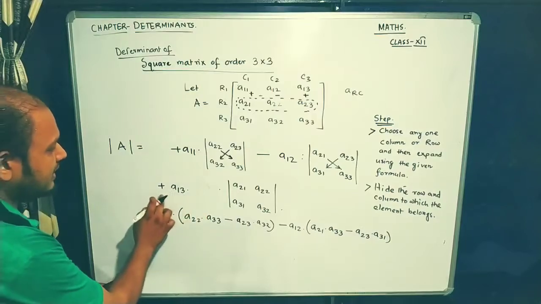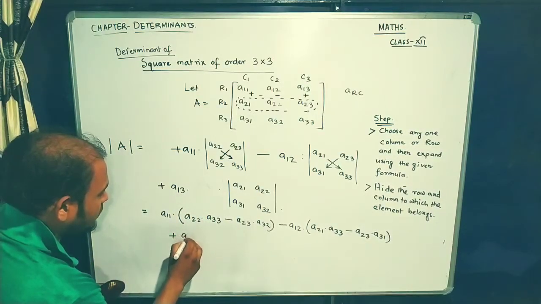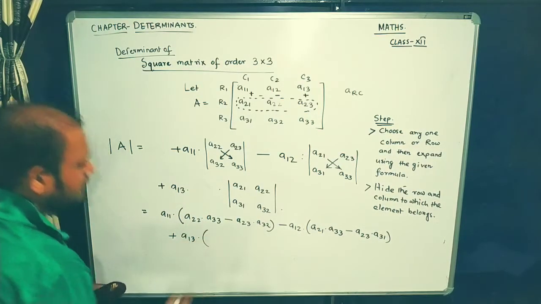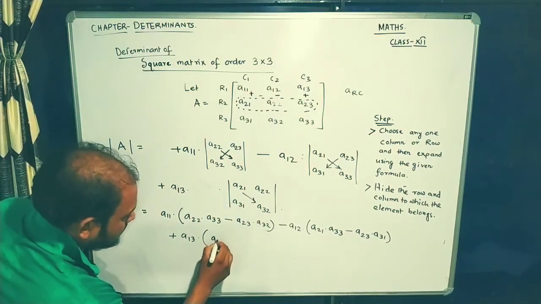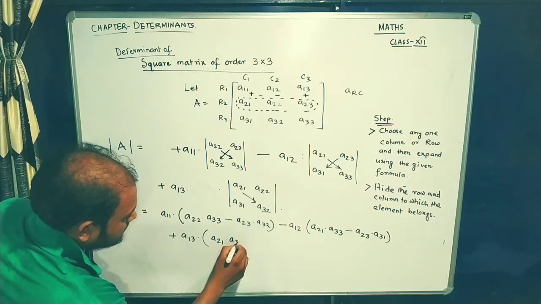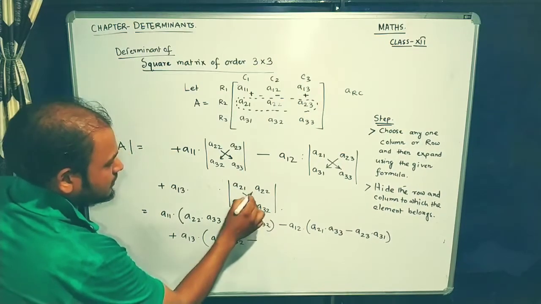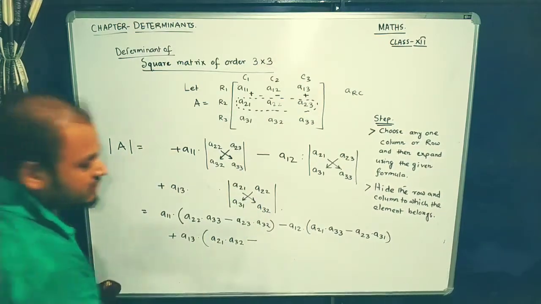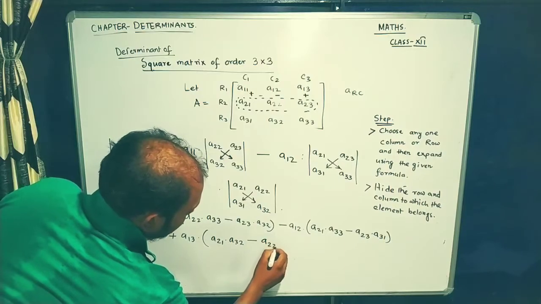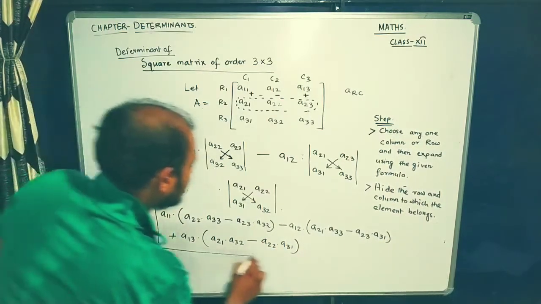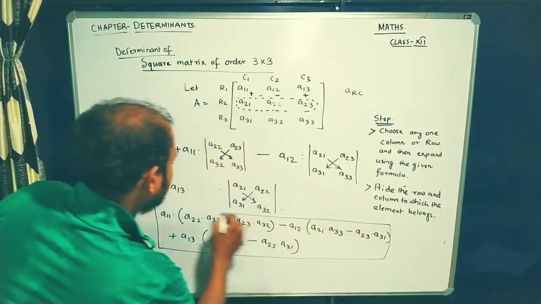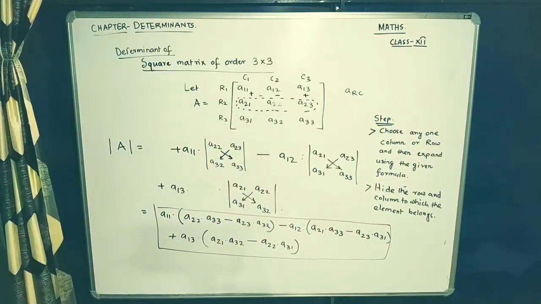Fine, then plus a13 into a21 into a32 minus a22 into a31, and this whole thing is the determinant of the square matrix A of order 3 by 3.